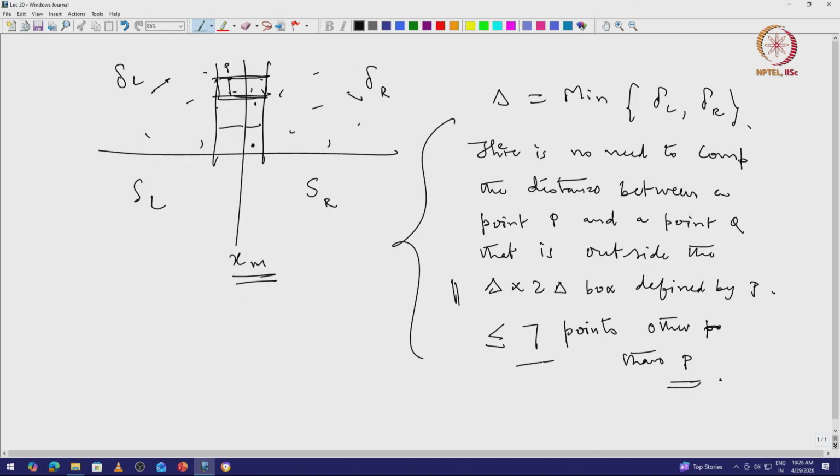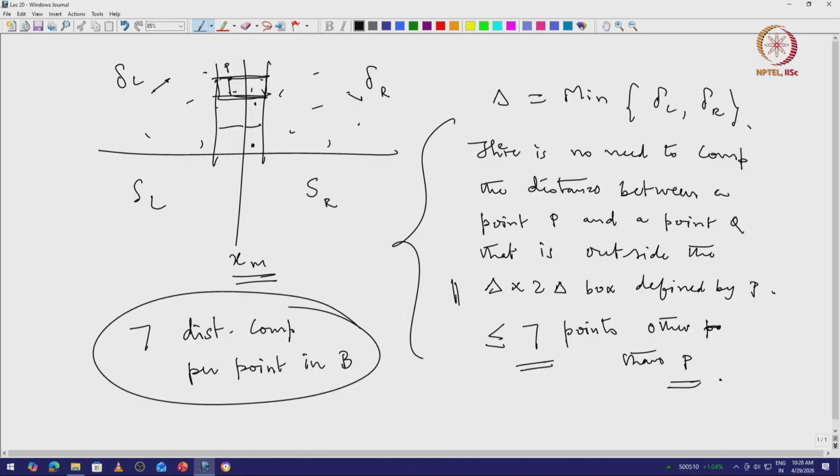And this means I have to compute only 7 distance computations per point in B. So, even if B has got order n points, this is going to be order n, because per point I am computing only 7 distances. B can have any number of points, it does not matter. For each point only 7 maximum distance computations.